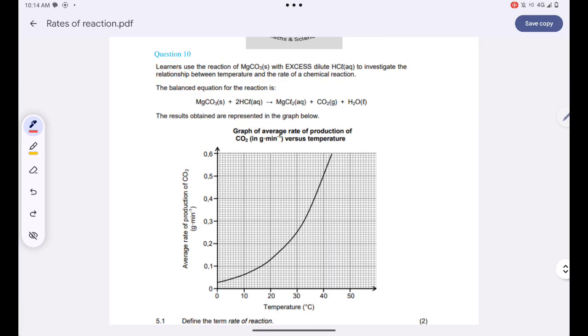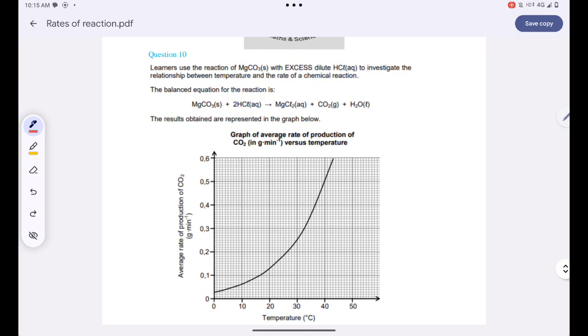Learners use the reaction of magnesium carbonate with excess dilute hydrochloric acid to investigate the relationship between temperature and the rate of a chemical reaction. The balanced equation for the reaction is given below.